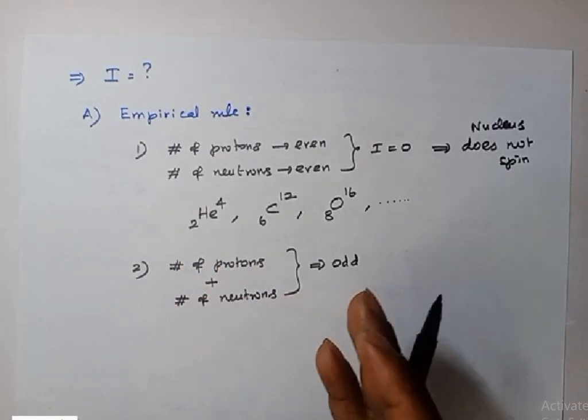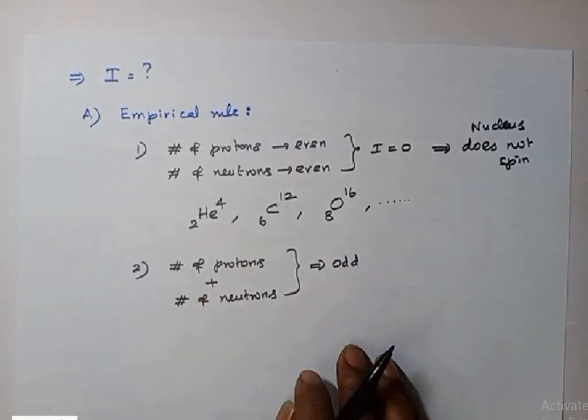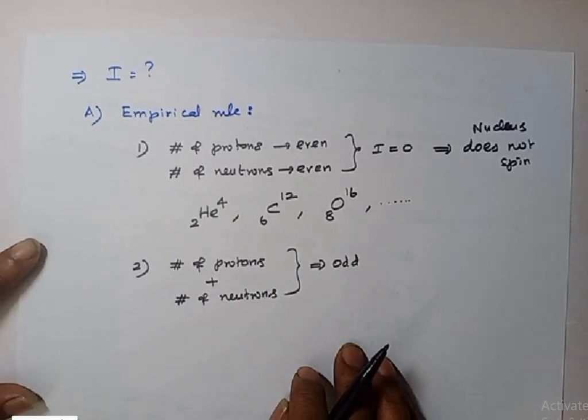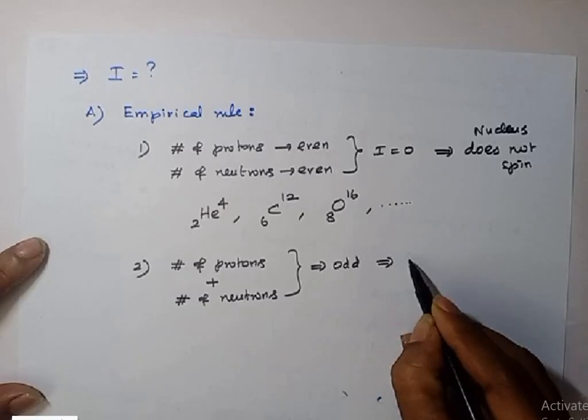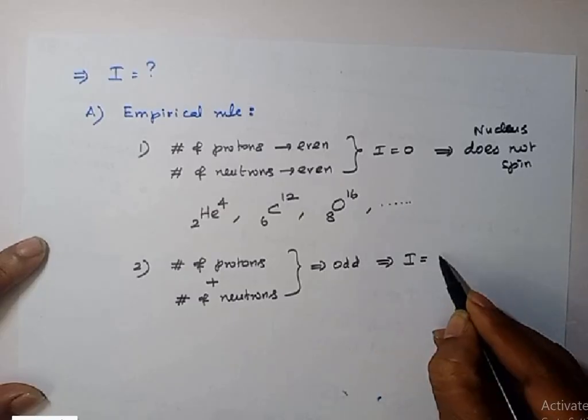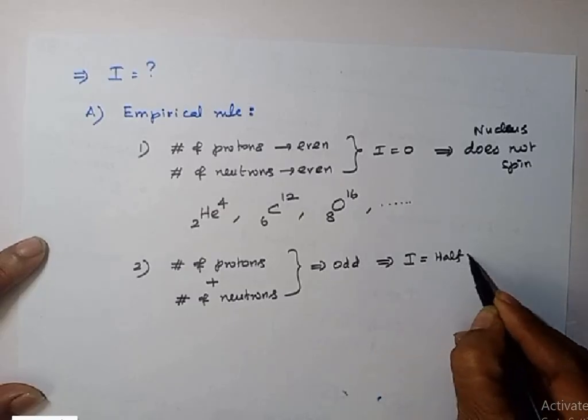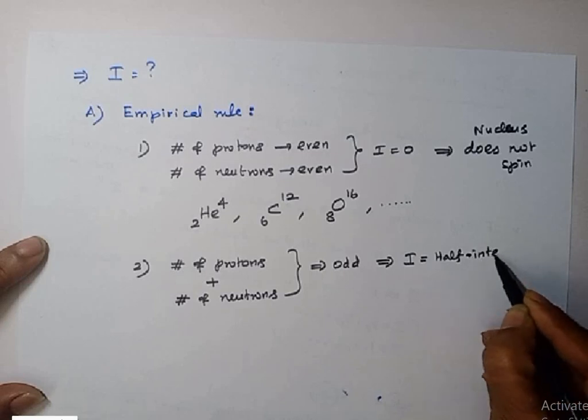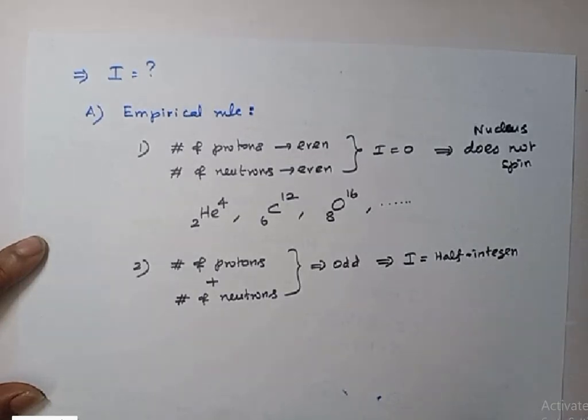If I get the sum as odd, then those nuclei have a half-integer spin value. I is equal to a half integer. They have a half-integer spin quantum number.